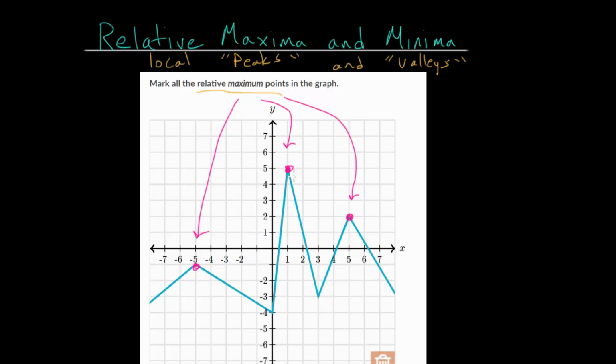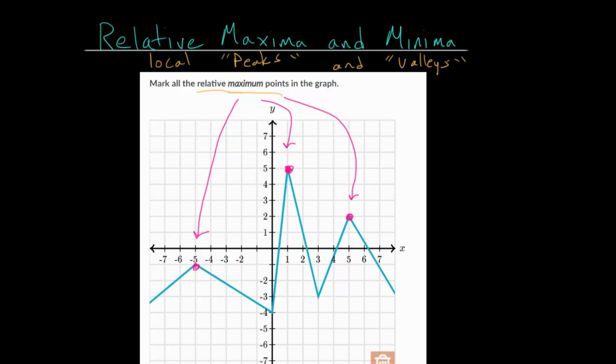Since if you look at the points around these points, everything else is lower than it in terms of its y value. So in all of these, we're considering the y value of our function. And this could be f of x, g of x. We're not told what the function is, but we are looking at these peaks, these relative maximum points, where every y value near it is lower than it.